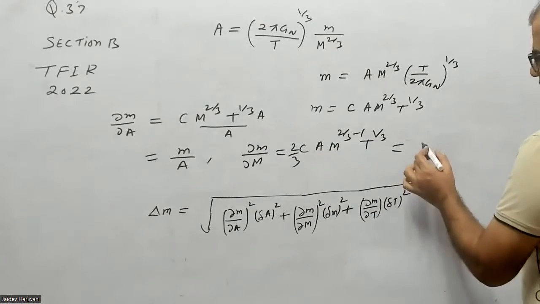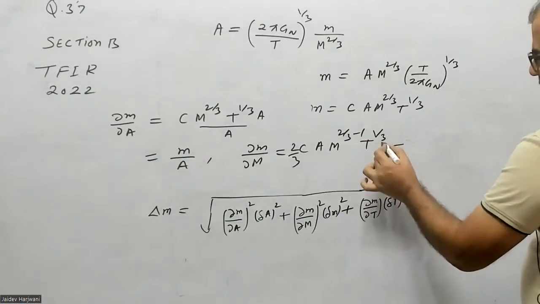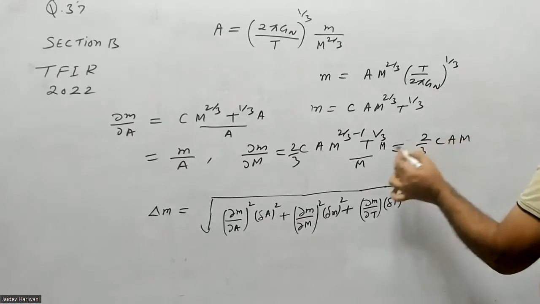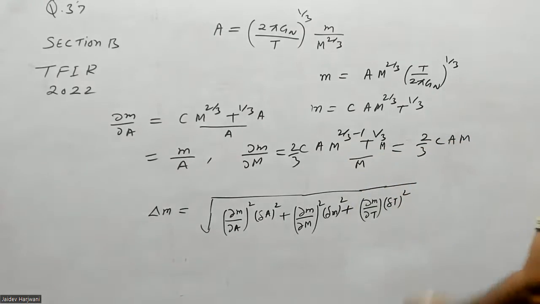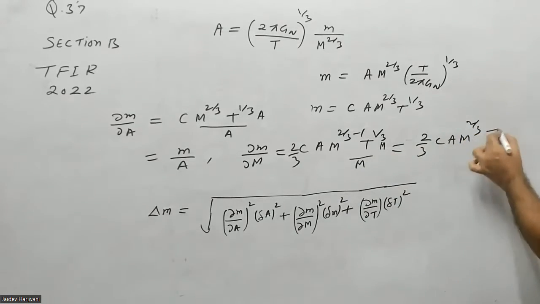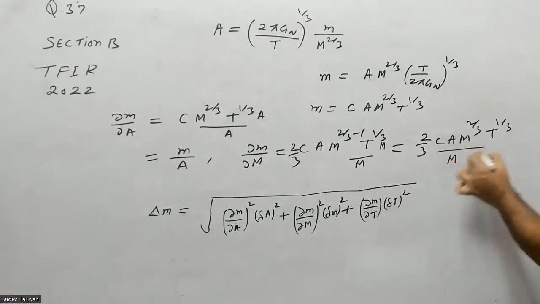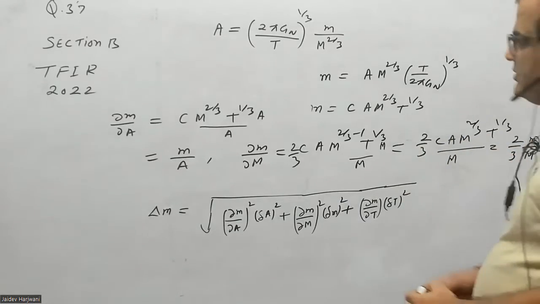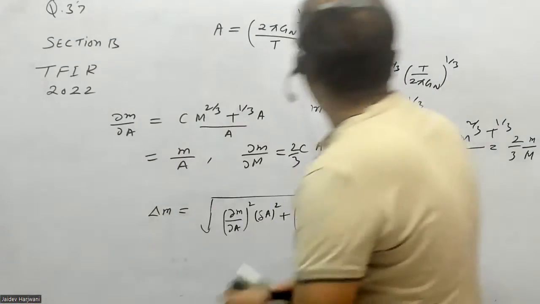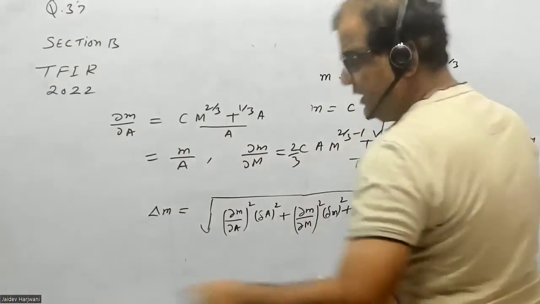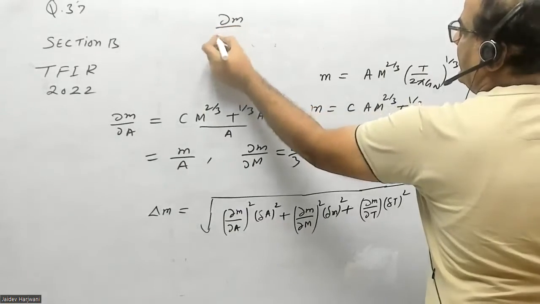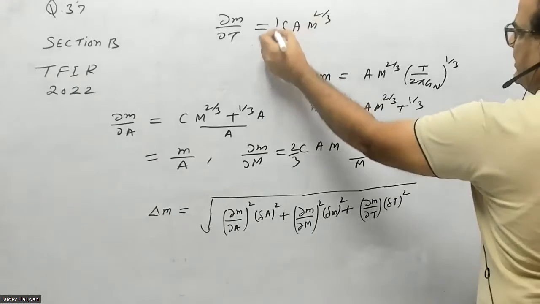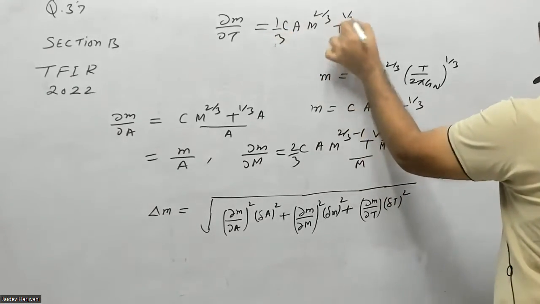Now if we solve this one, multiplying and dividing by M, this will come out as 2/3 C A M^(2/3) T^(1/3) divided by capital M. Now this is again your small m, and this is your capital M. Similarly, I can find delta m by delta T. It will be the same thing: C A M^(2/3), with 1/3 coming again, so T^(1/3 minus 1).